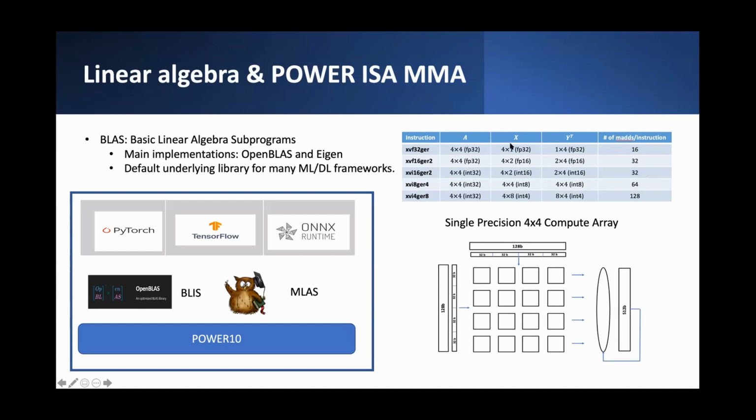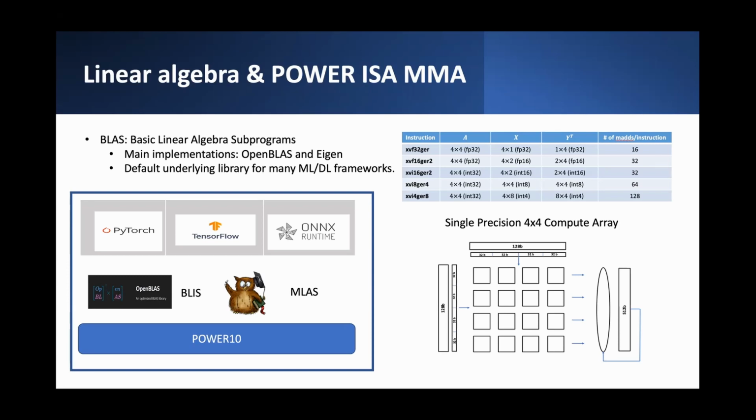This one particular instruction is going to do 16 different multiplications. That is shown in the bottom picture, a single precision 4x4 compute array, where the input is 4 float numbers from the first matrix and 4 numbers from the second matrix. Each number gets multiplied by the other 4, and it produces 16 different results.